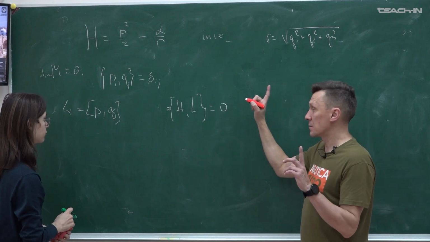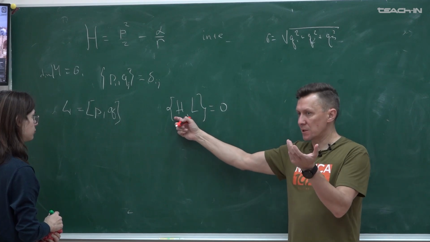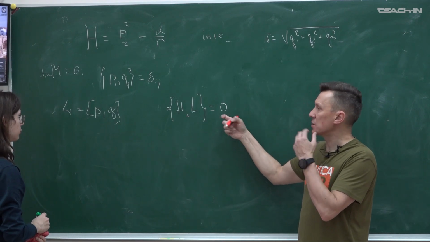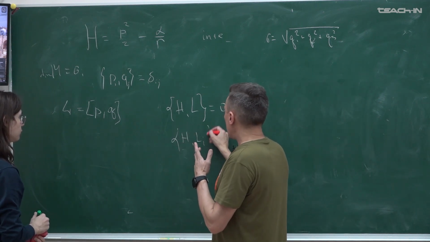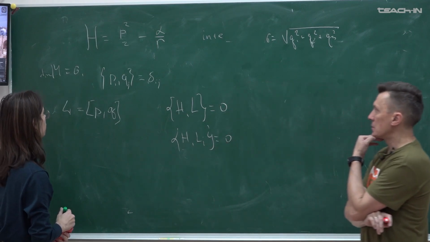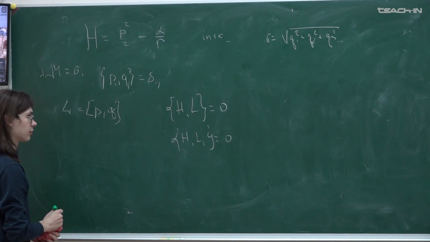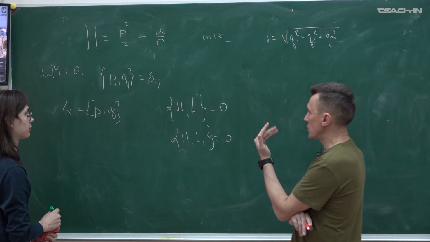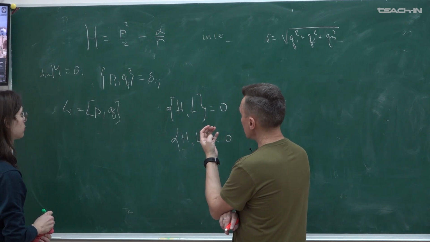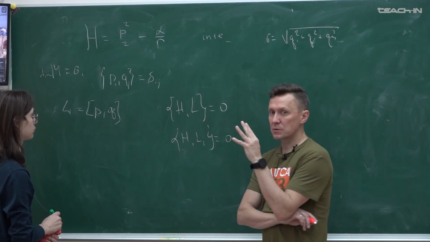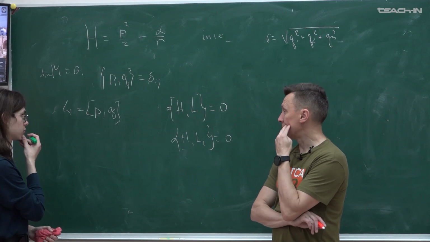The bracket of L with R is 0. You see, this is a vector, and this is a scalar function, so it's 0 as a vector. So all components, L_i with R, are equal to 0. And we need to find two other integrals, right? You see the situation. On our 6-dimensional space, we have 4 integrals because the Hamiltonian is also an integral.